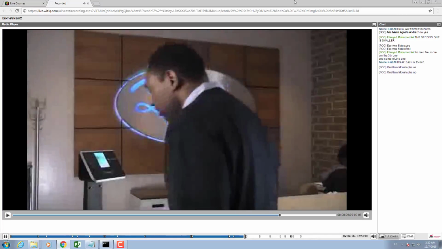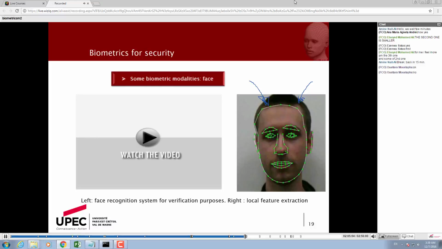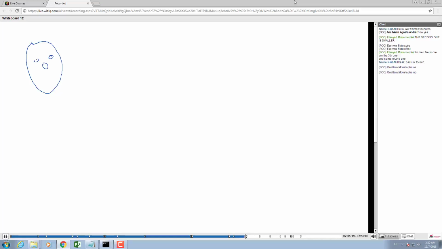So you can see how the user will use it. The end user here doesn't have to make much effort. They have to be close to the camera. We detect the face. Normally the face will be detected here, and we extract some features.